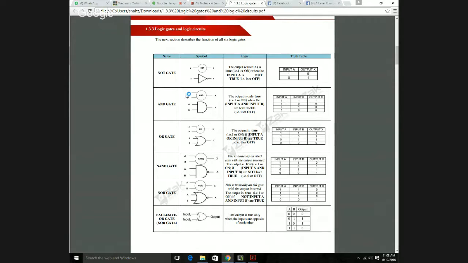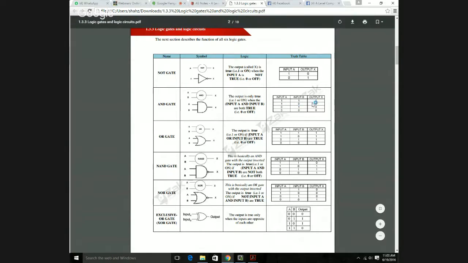We have two inputs, A and B, and you multiply A with B. If A is 0 and B is 0, the product is 0. If A is 0 and B is 1, multiplying 0 with 1 gives 0 again.